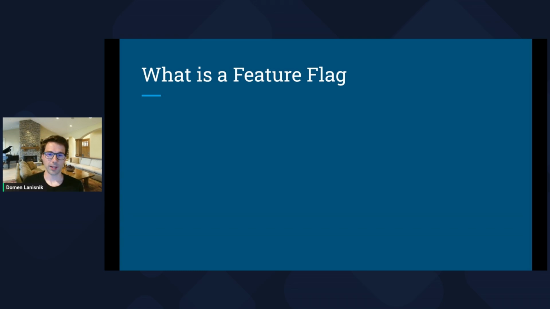So, to answer the first question, what a feature flag is. To put it plainly, a feature flag is essentially a simple Boolean variable with which we can enable or disable a feature.